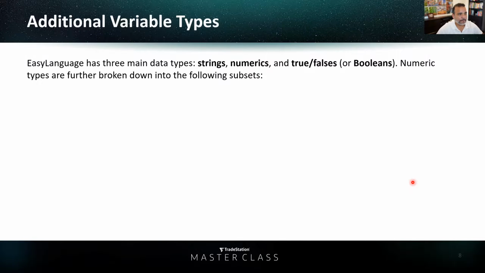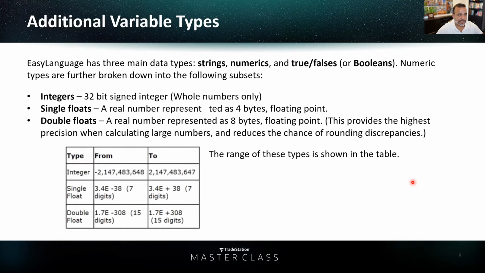All right. Three main data types: strings, numerics, true false, or booleans. The numeric ones are further broken down into subsets like integers, floats, and doubles. I think we talked about that too. If you already know that a particular variable is just going to hold an integer, meaning no decimal places, it's good programming practice to type it as an integer.